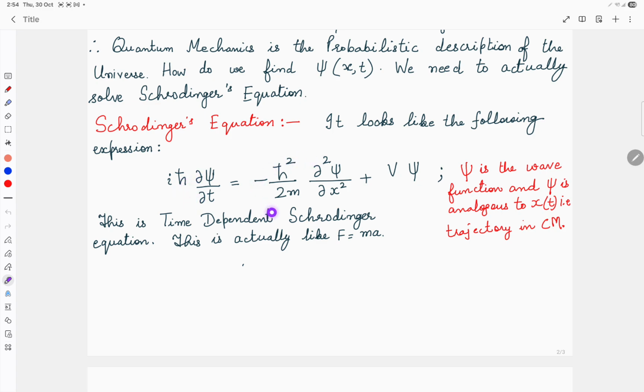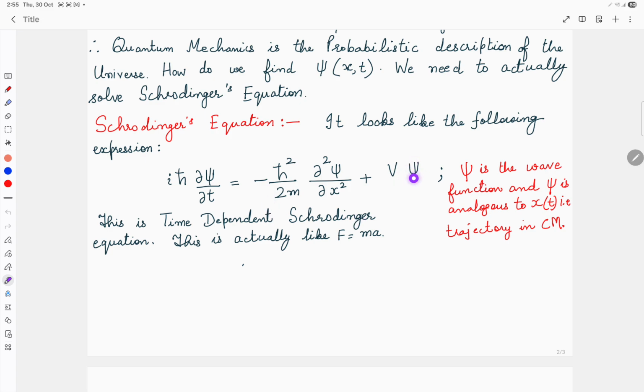Now the term with the double derivative of psi with respect to x, we can say this is the kinetic energy term. Of course, in actual terms we can prove this, but I am just trying to explain in this video that this is the total energy, this is the kinetic energy, and this is the potential energy. So this is basically the energy equation represented in the quantum mechanics world.